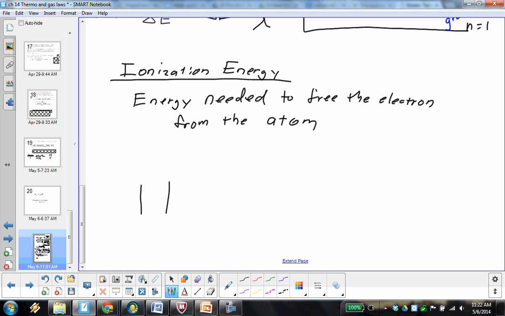The absolute value of the change in energy is, for hydrogen, going to be equal to 13.6 times 1 over the final energy level squared. I should put that in the subscript, excuse me.